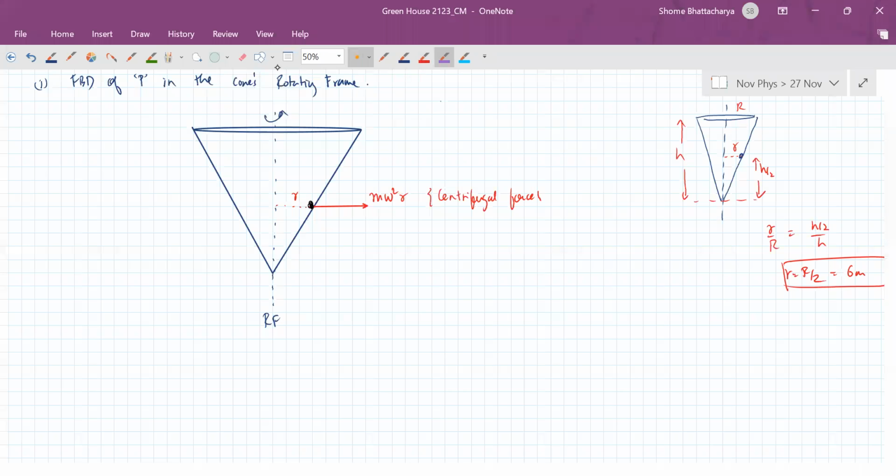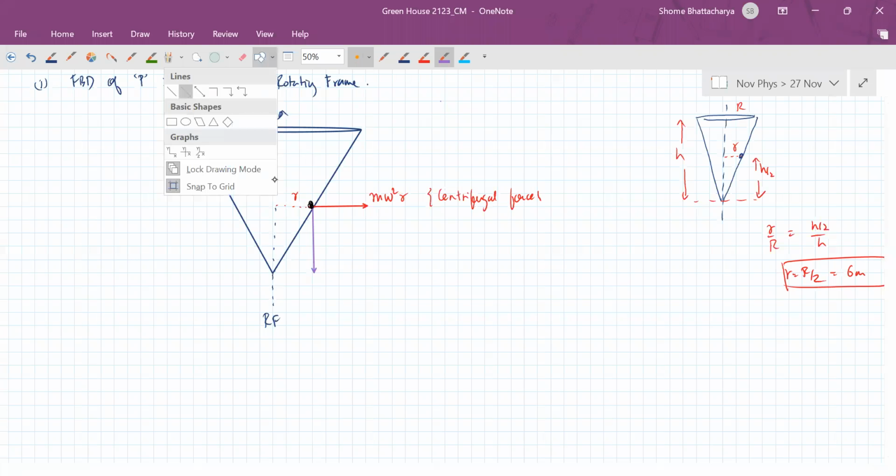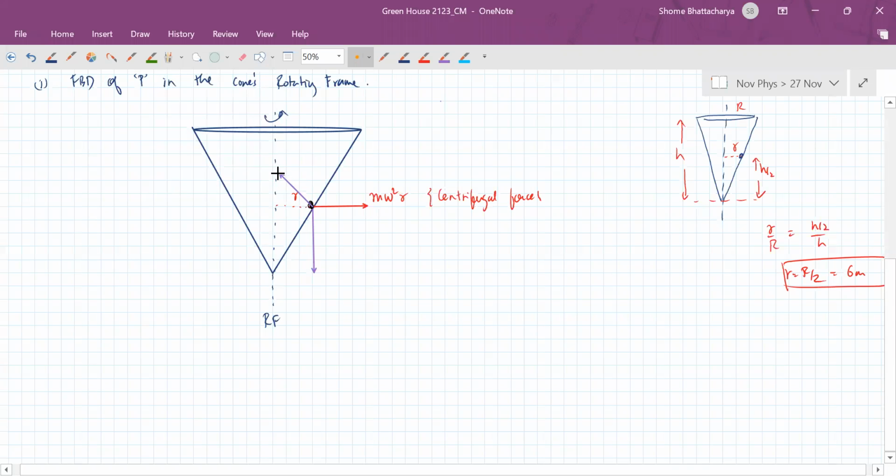And what about the direction of the normal reaction force? Perpendicular to the surface. So that will be at 90 degrees to the surface. So now we'll have to work out the angle involved. Right?